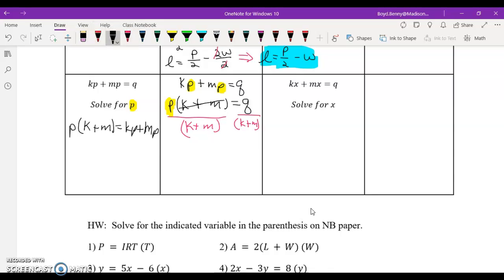Well, k plus m divided by k plus m, that's going to be 1 because that's going to be the same number if we know what k and m are. That leaves me with p on the left side. And then on the right side, I can't simplify that, but I can write it as one concise algebraic expression, q divided by k plus m.